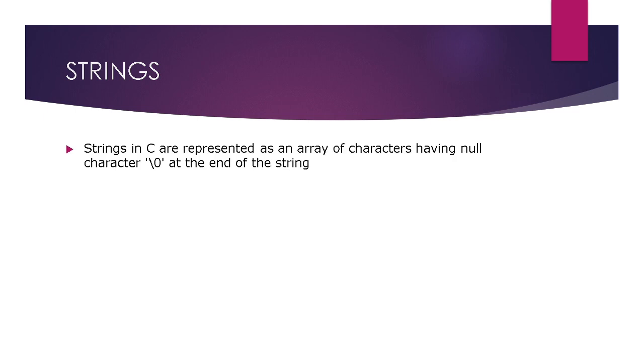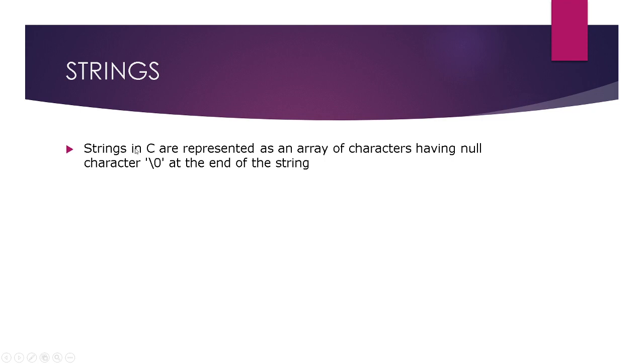Okay. The next C token that we are going to discuss is strings. Strings in C are nothing but an array of characters having a null character at the end of the string. Okay. So if you don't know what an array is, you can watch my lecture on arrays. And this null character is nothing but \0. And we are going to learn about strings in complete detail in the upcoming videos.